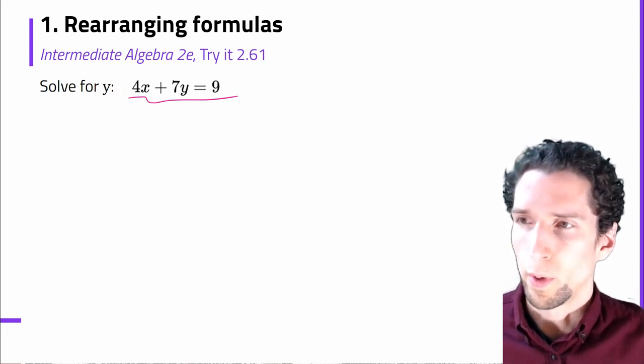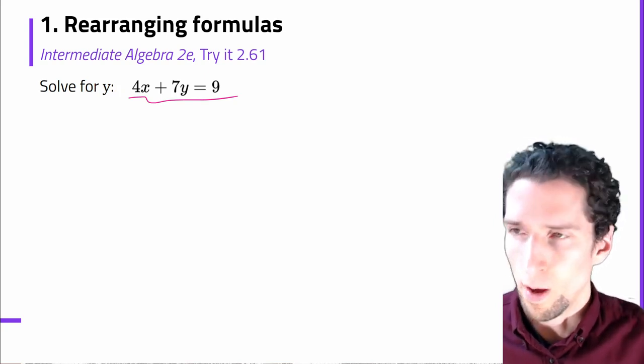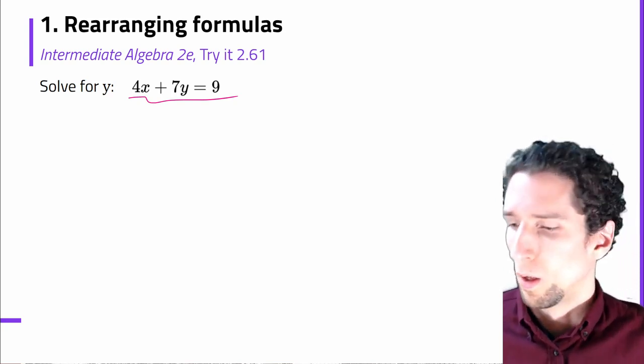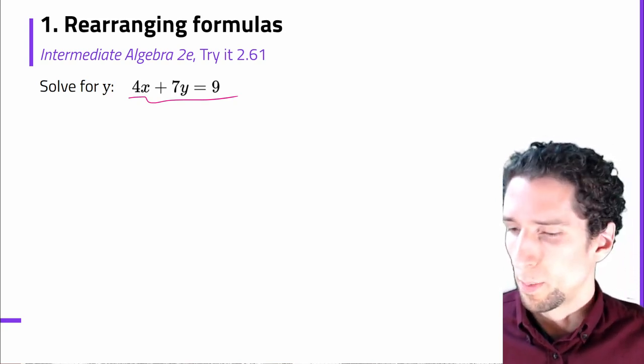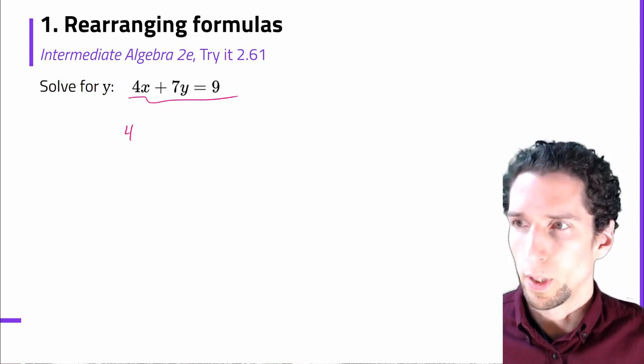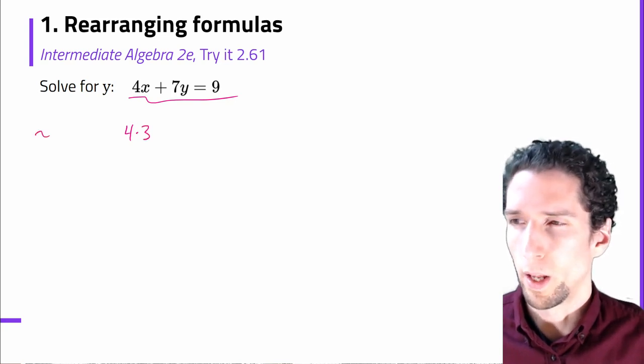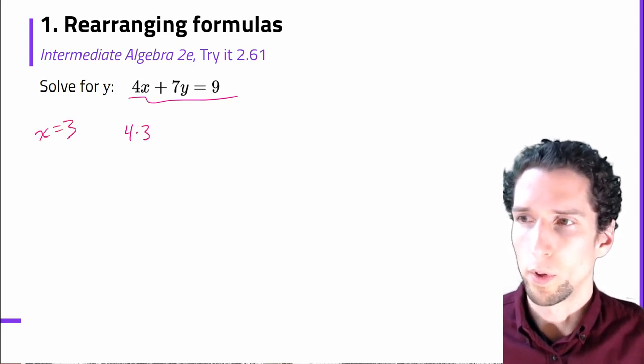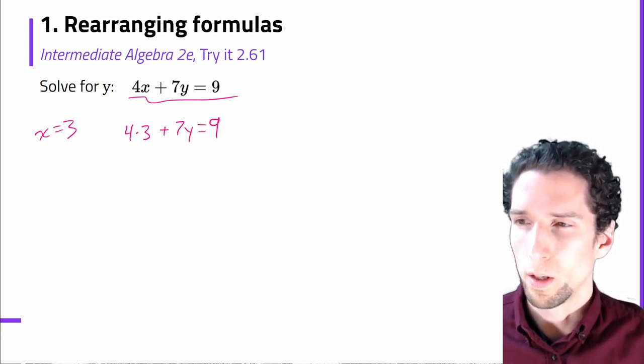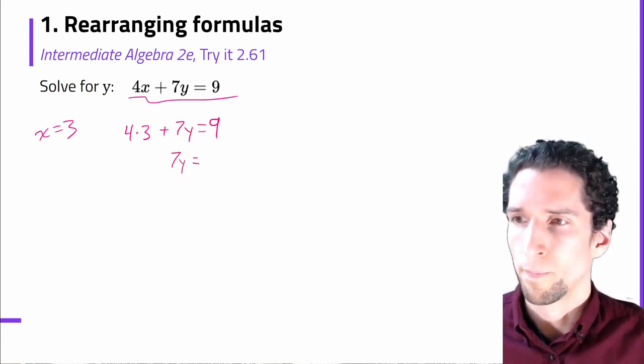So let's say, again, let's do our step of pretending that we are writing it separately. So 4 times, let's say, I don't know, 3. Pretend that x is equal to 3. 4 times 3 plus 7y equals 9, so 7y.